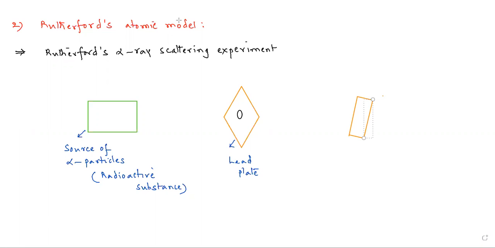So this is the gold foil of a thickness almost 100 nanometers.